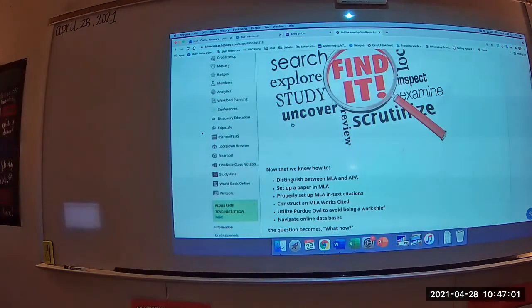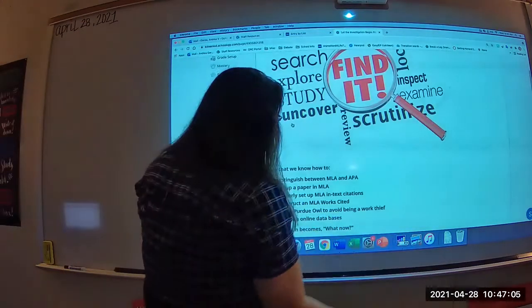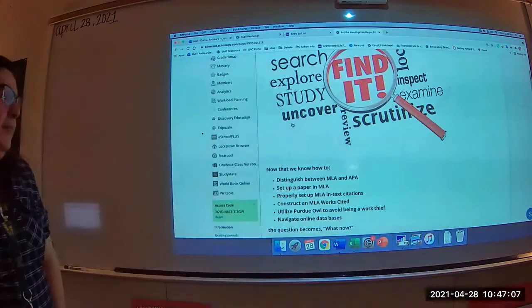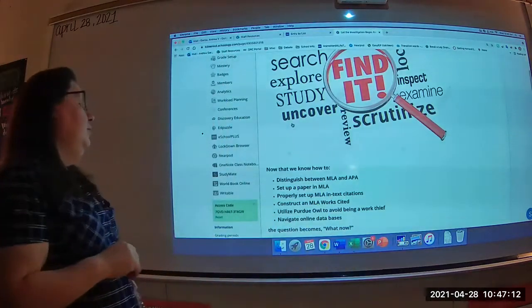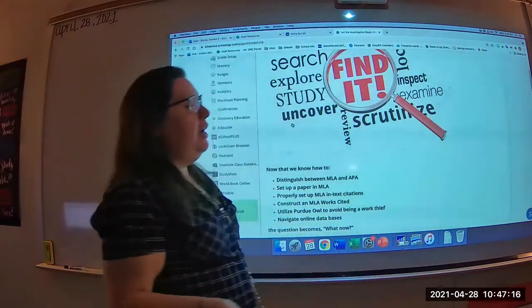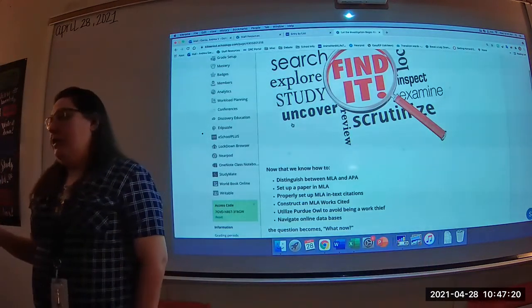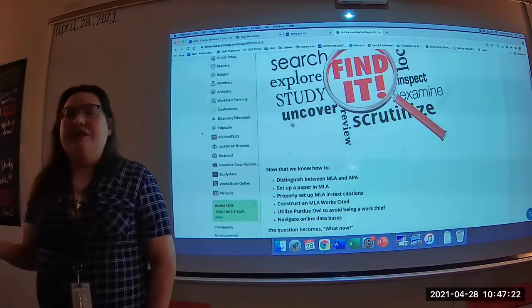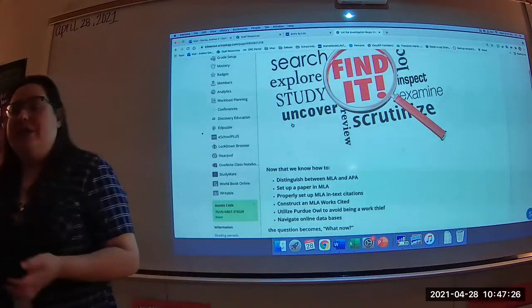Okay. So now we know how to distinguish between MLA and APA, set up a paper in MLA, properly set up MLA in-text citations and works cited. We know how to utilize Purdue OWL, and now you know how to navigate the online databases, which should make your life a lot easier when it comes to in-text citations. It's a lot easier than using Purdue OWL, but it's always good to have Purdue OWL back there just in case, okay?